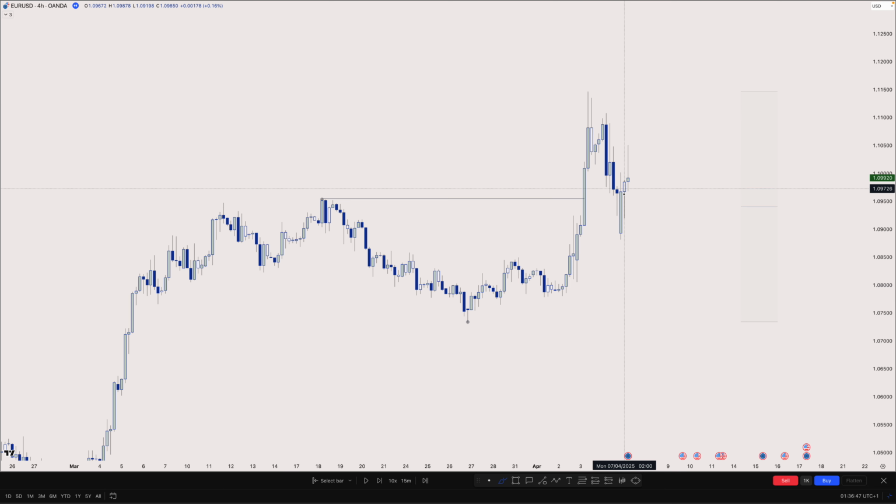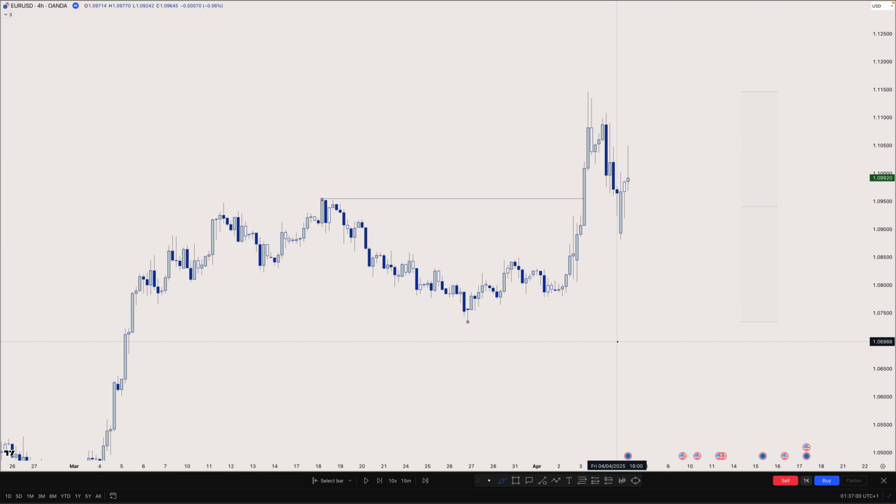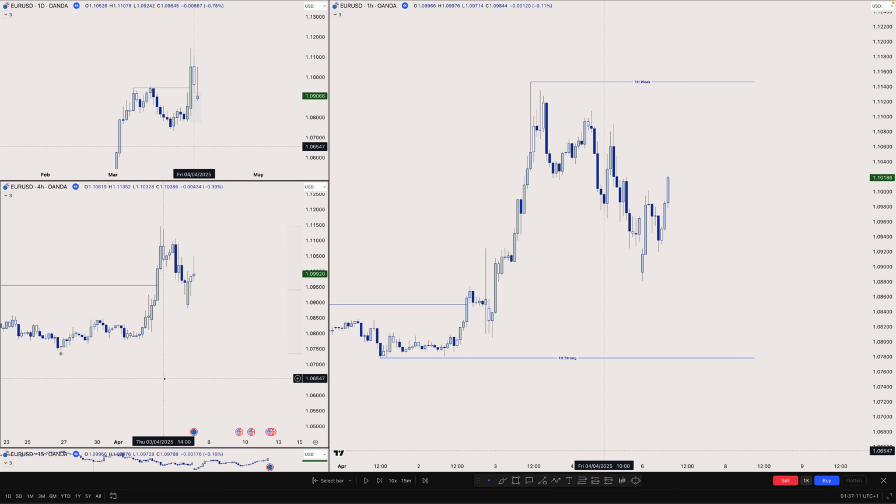If it was forming, let's say, like this, then I would expect a deeper pullback, but it was not formed like that at all, not with that strong liquidation, but it was quite corrective, and often we see another impulsive move after we take out all these liquidities. Anyway, that's the 4-hour.